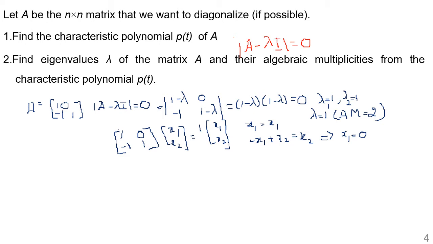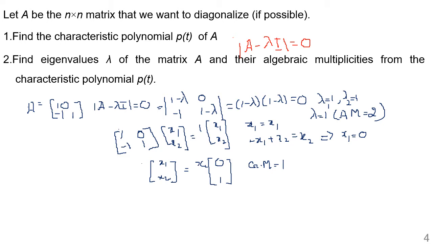So x1 always remains 0, and x2 can take any value. So I can write the eigenvector as x1 equal to 0, and x2 is 1 here. Therefore it has got only one eigenvector. So we say that the geometric multiplicity is 1.